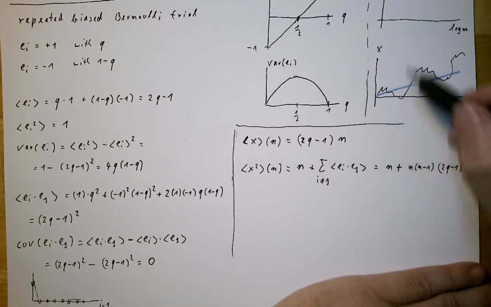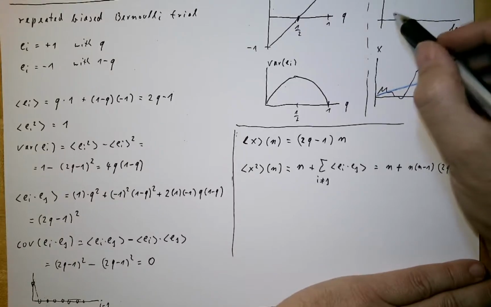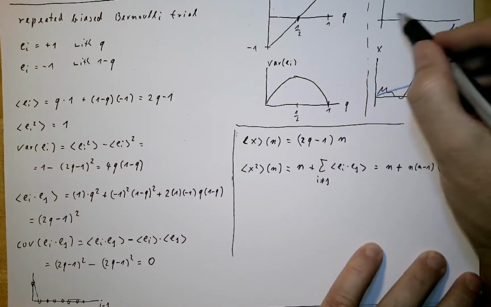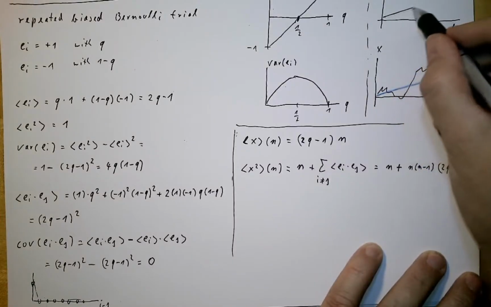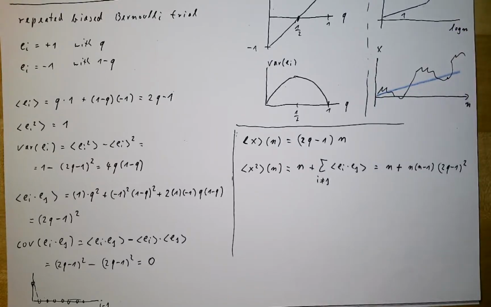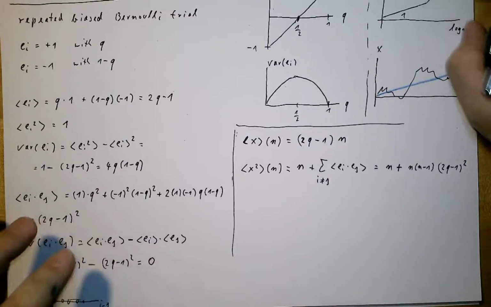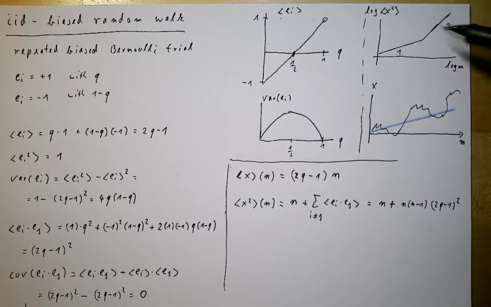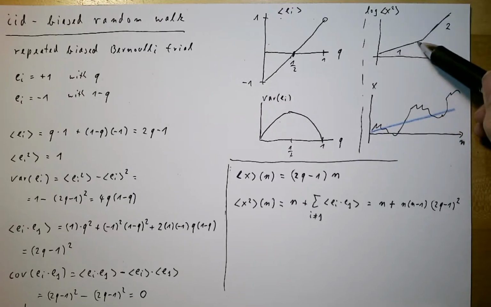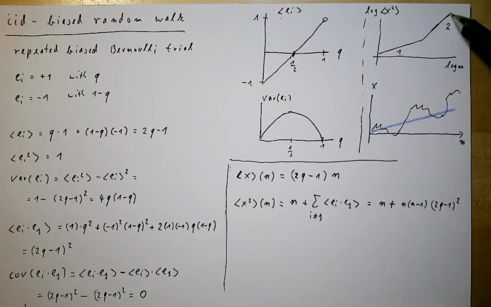So this means we have a function which starts in the log-log plot with slope 1, and then for large time goes with slope 2. So if you look at the second moment in the log-log plot, we start to grow with slope 1, and then we have slope 2.